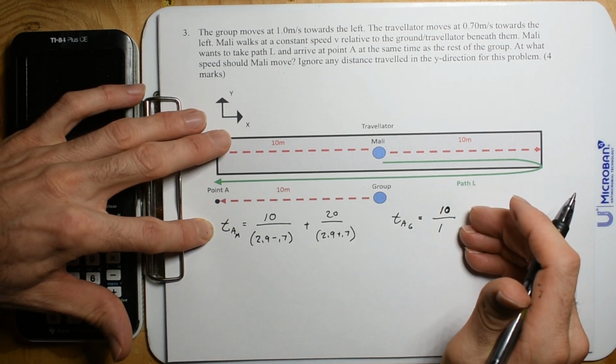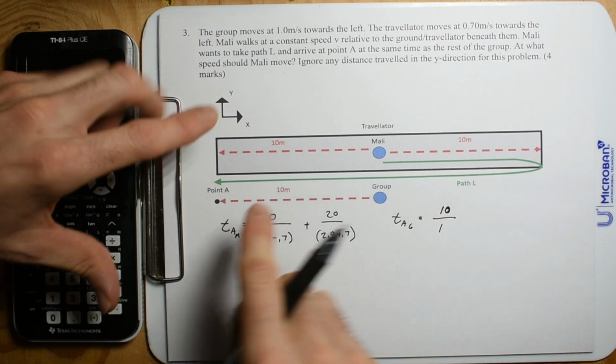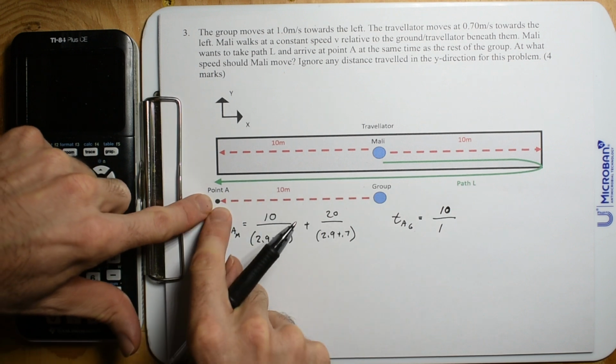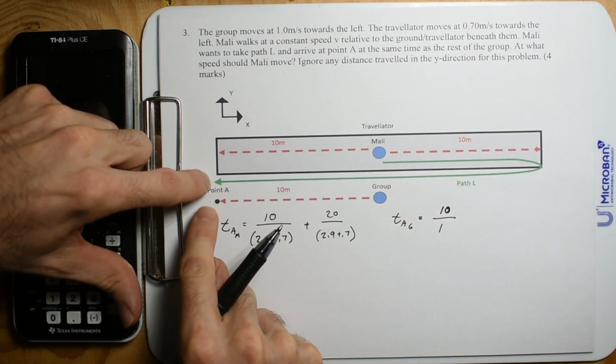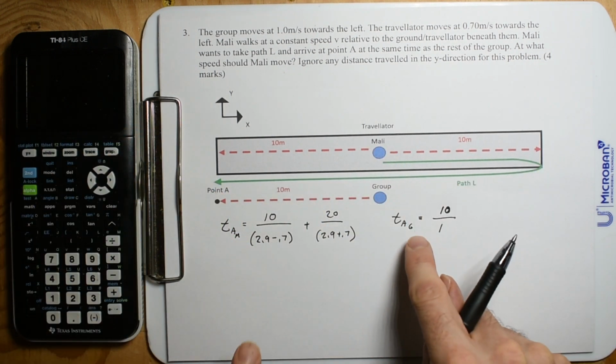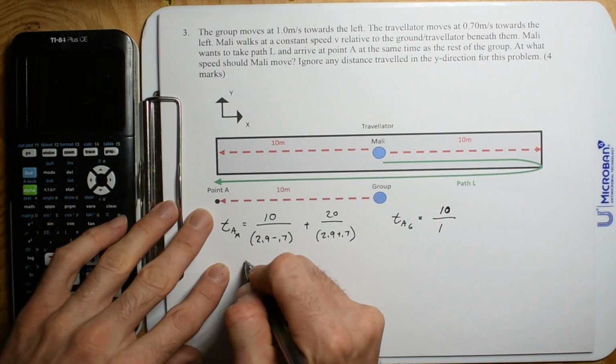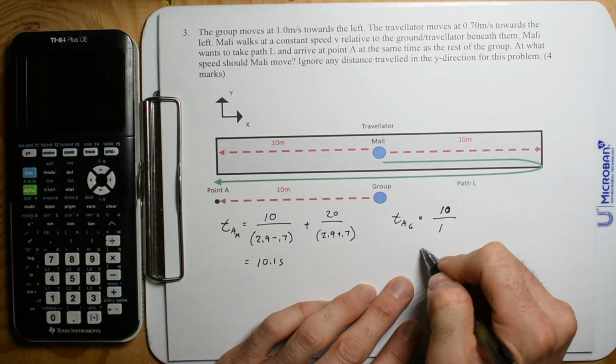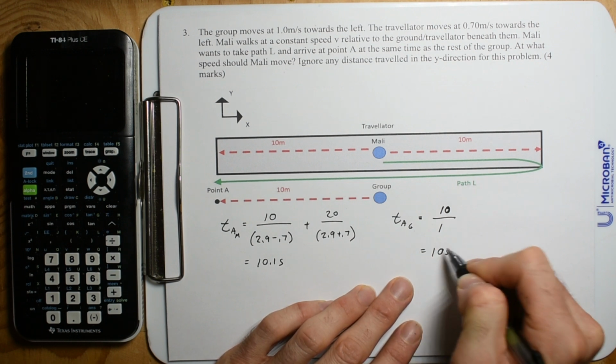All right. And so the continuity part of this problem is like, hey, both the group has to get to point A and Malachi has to get to point A at the same time. So if this is the time, and we just did this one and it was like 10.1 seconds, pretty close, and this was 10 seconds.